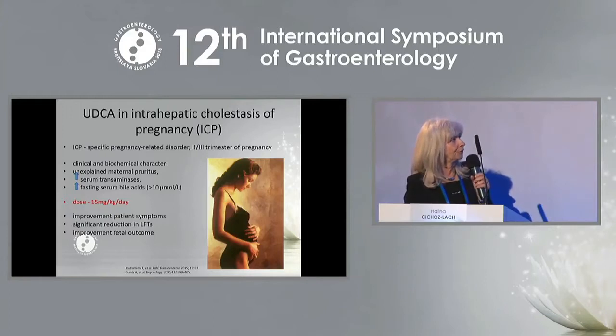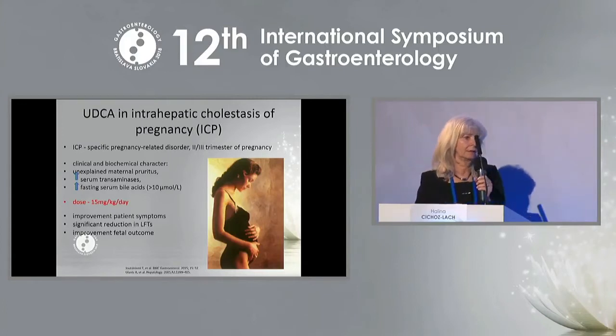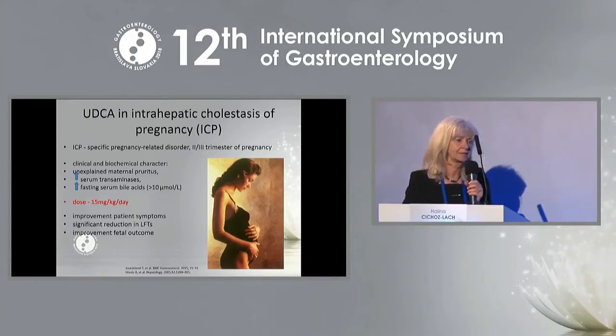UDCA at a dose of 15 milligrams per kilogram of body mass per day improves mainly pruritus, reduces liver function tests and has a beneficial role for the fetus. The medication is well tolerated, has no side effects, for the mother and for her babies.